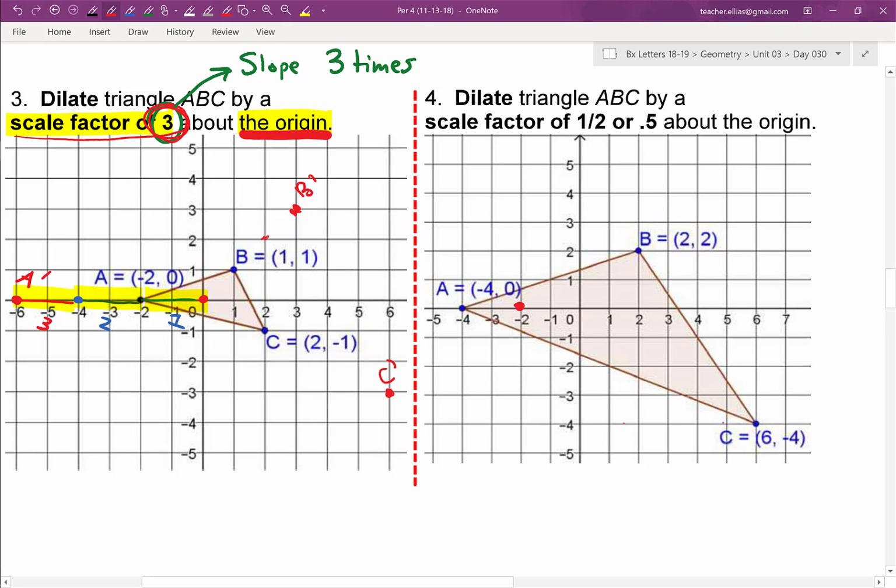And so this would go 1, 2, 3 over here, and then 1, 2, and then this goes down 1.